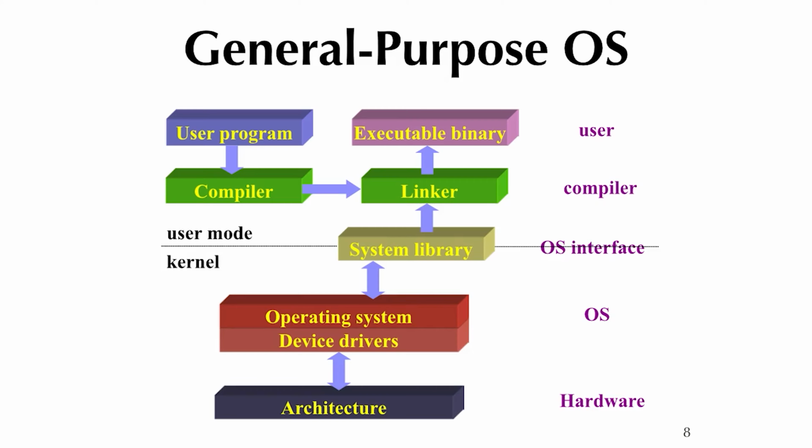So a general purpose program is sitting above, right? It's usually made by a compiler, or you could have an interpreter too. But whatever it does, there's a linker that generates the executable image. How does it do it?